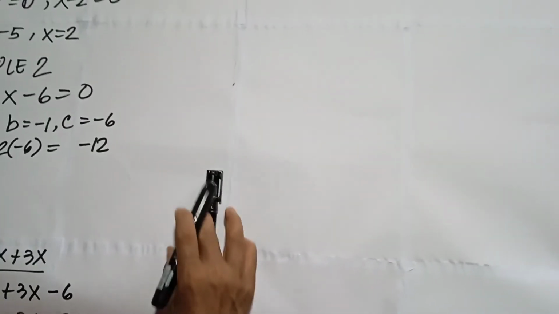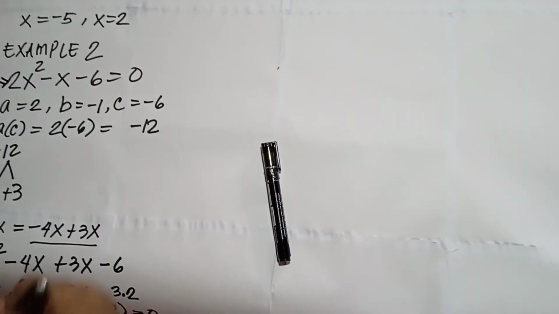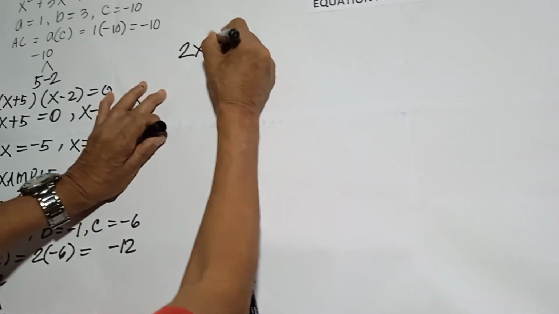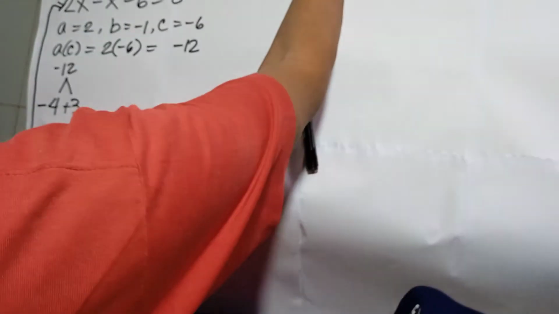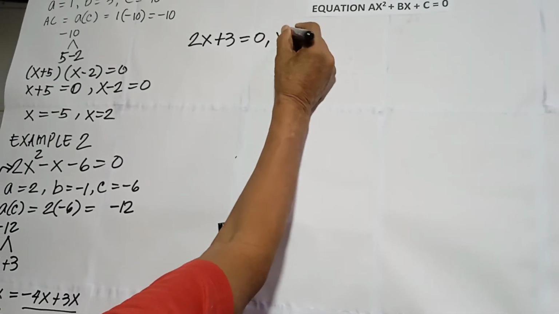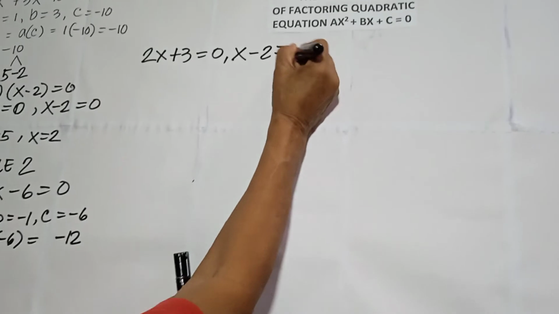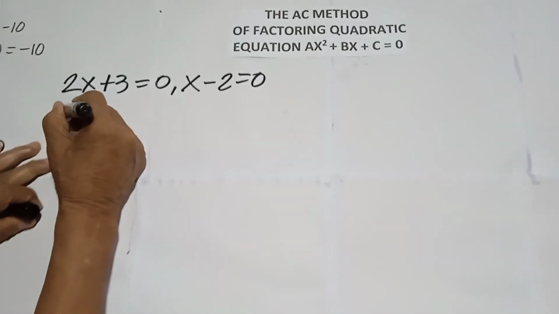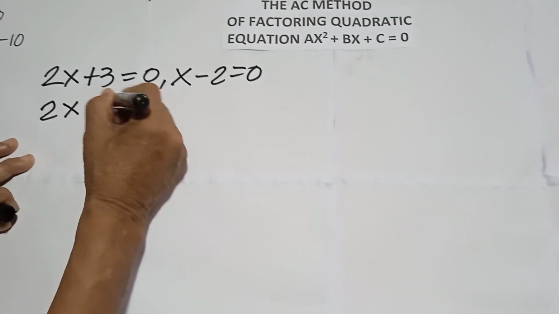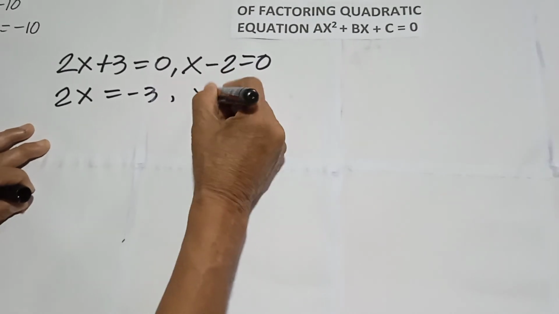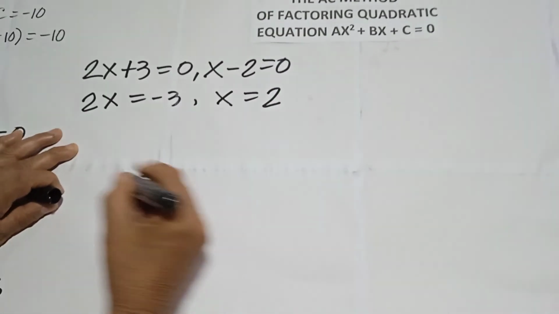After that, we separate 2x plus 3 equals 0 and x minus 2 equals 0. Then find the value of x. So 2x equals negative 3 and the other is x equals 2.